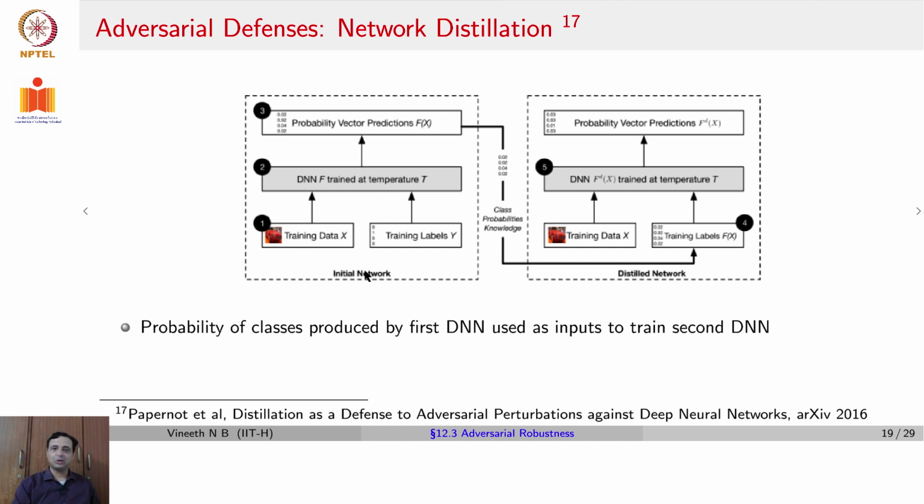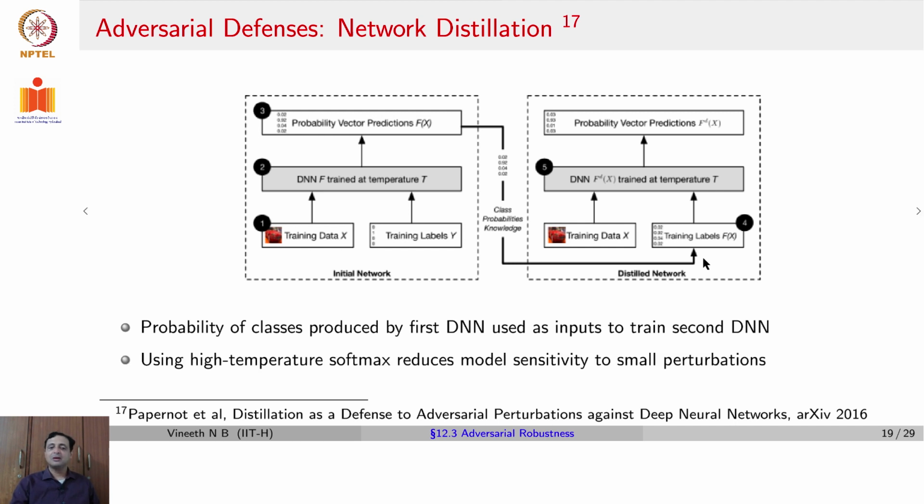So if your initial network had a distribution over say 10 labels, instead of recognizing a digit as 3, it would have a probability distribution over all labels. The second network is asked to predict that probability distribution rather than predict the digit 3. How does this help?